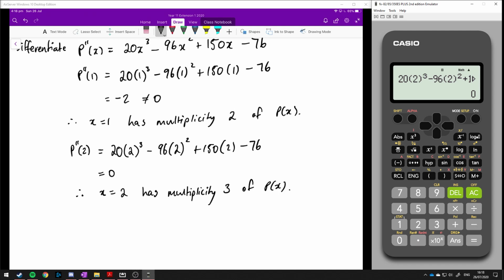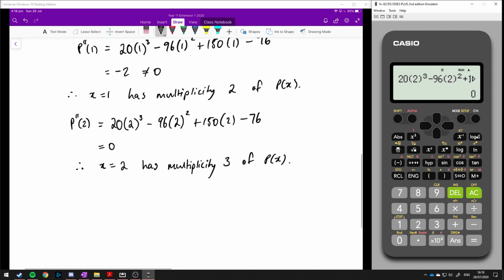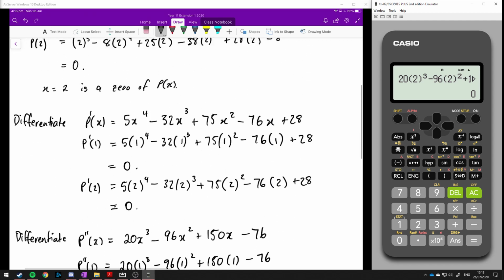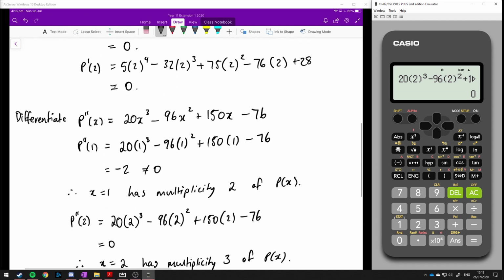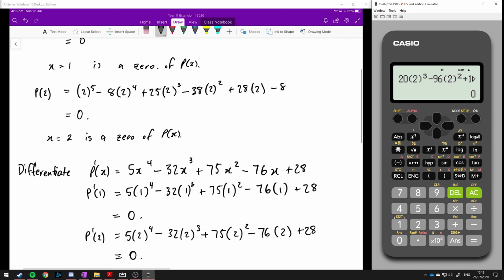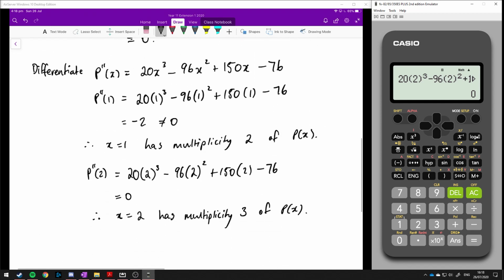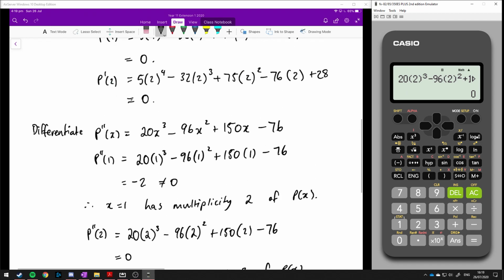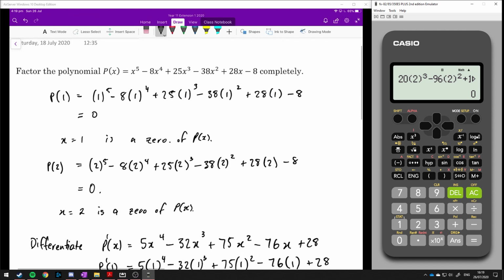So what this means is, to factorize this, x is equal to 1 has multiplicity 2, so that means it's a double root, and x is equal to 2 has multiplicity 3, so it means that at that point it's a triple zero.